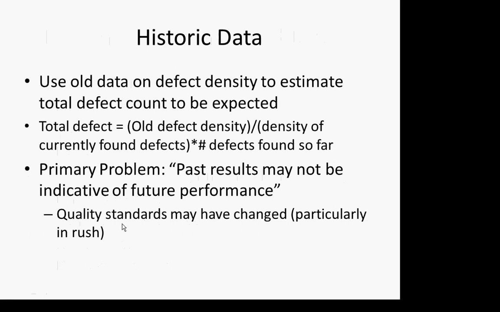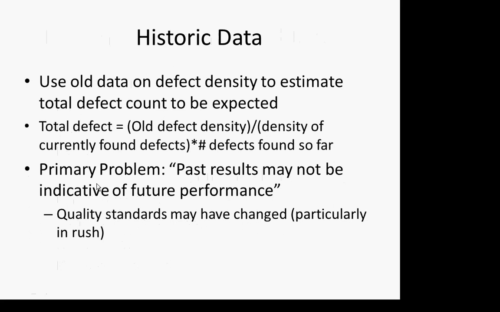And so, if you have a similar team for previous versions of Microsoft Excel, and you have some defect density that was estimated for those after a lot of testing, and you're early in the testing for this next version of Excel, you might be saying, well, we're trying to estimate the total number of defects. We found some number of defects so far with this version. And as far as density, in terms of defects per lines of code, maybe that's a defect density of 1%, 1 defect per 100 lines of code, for example.